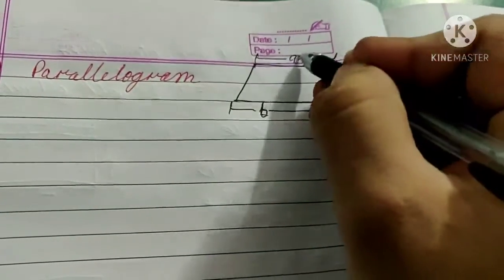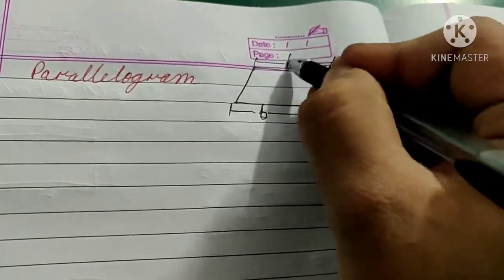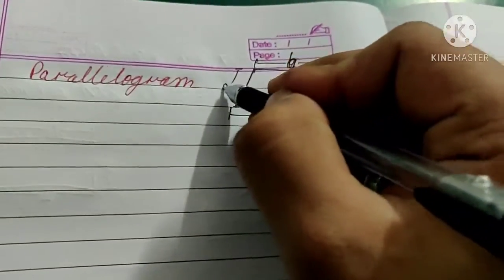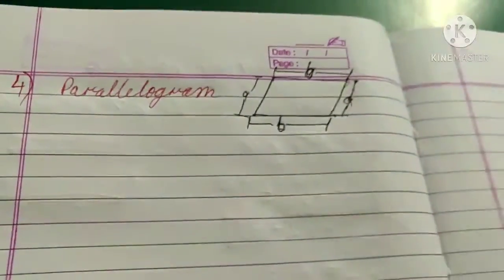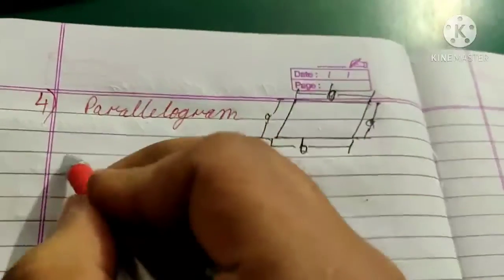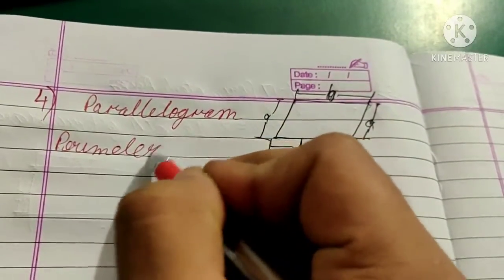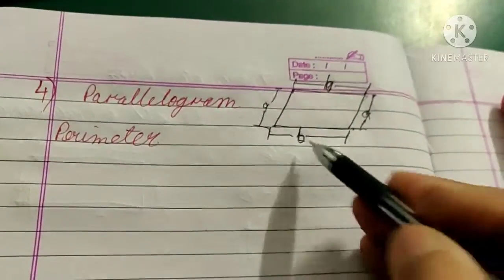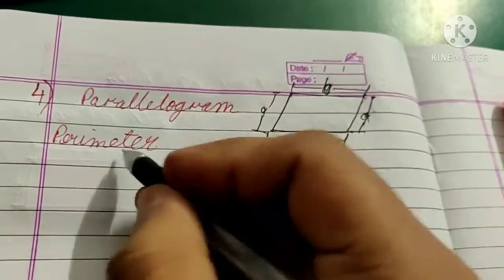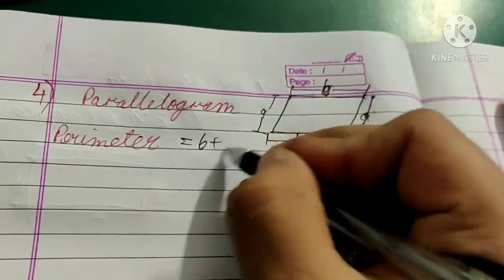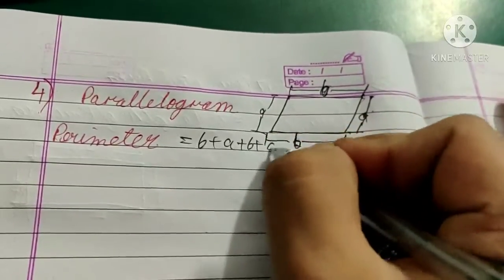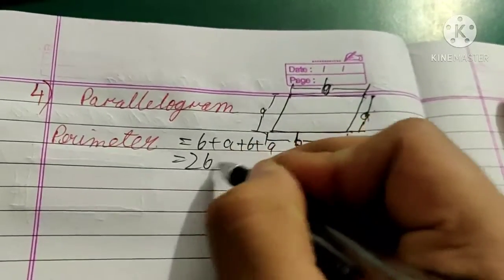This is A, so this will also be A. Again, the perimeter is the sum of all sides. Adding all sides: B plus A plus B plus A, that is 2B plus 2A.